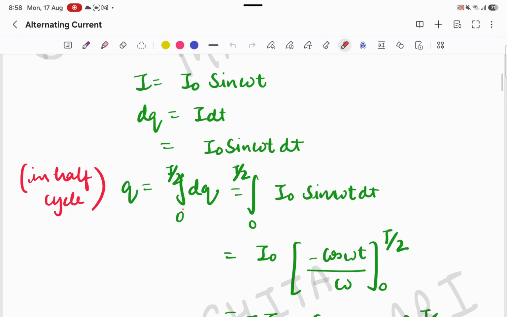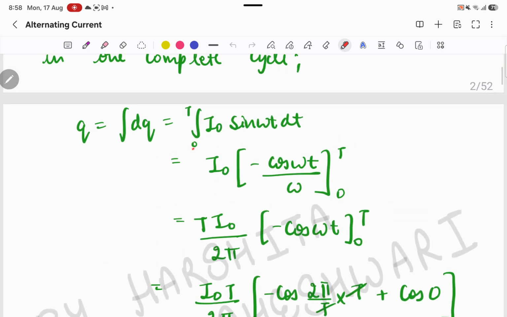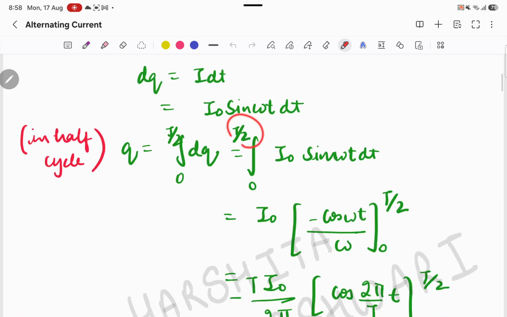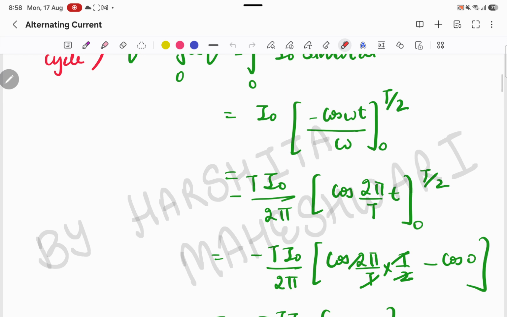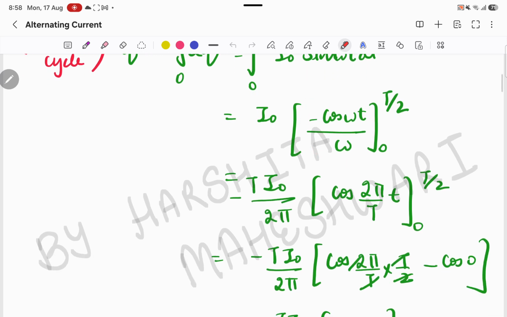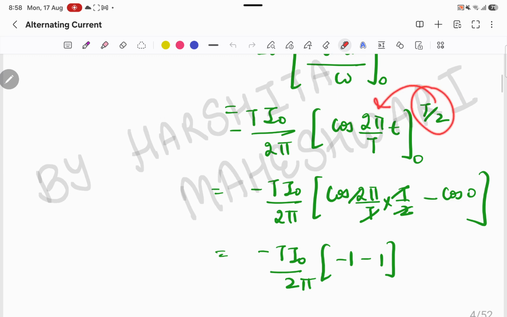So we are putting the limits here, 0 to T by 2. In the earlier case we substituted from 0 to T. Mark my words. Okay. Now with 0 to T by 2, we do the same thing just like we did earlier. We are again integrating sine, that is minus cos omega t by omega. We are again putting omega outside as 2 pi by T, and inside also I am putting 2 pi by T. Now substituting the limits, T by 2 first of all, things get cancelled, and we get cos 180, that is minus 1.